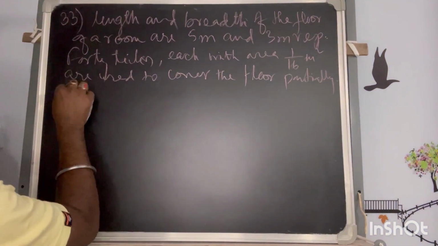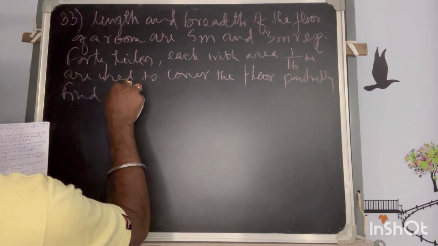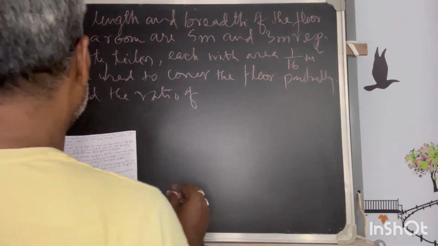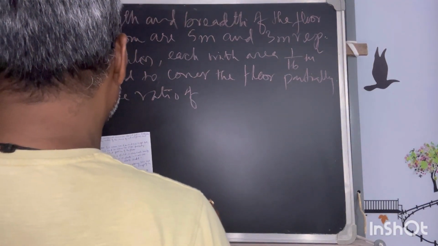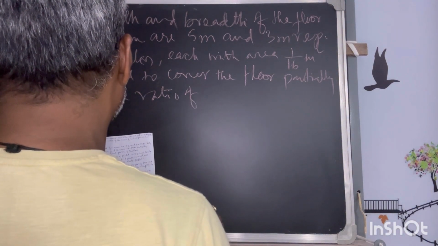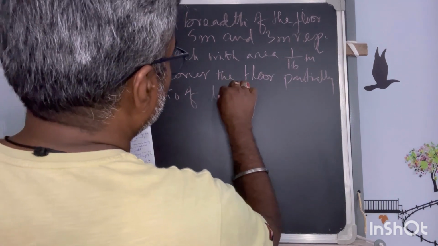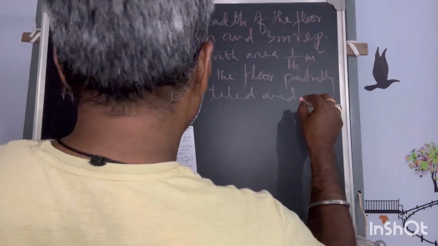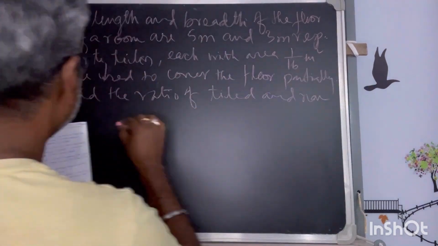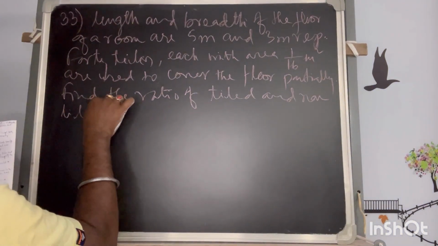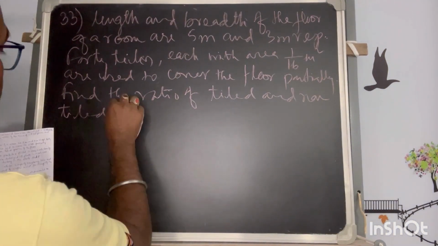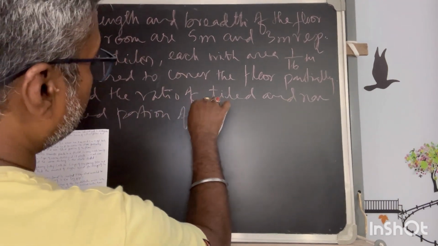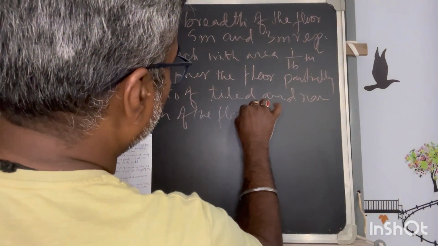So your task is to find the ratio of tiled and non-tiled portion of the floor.